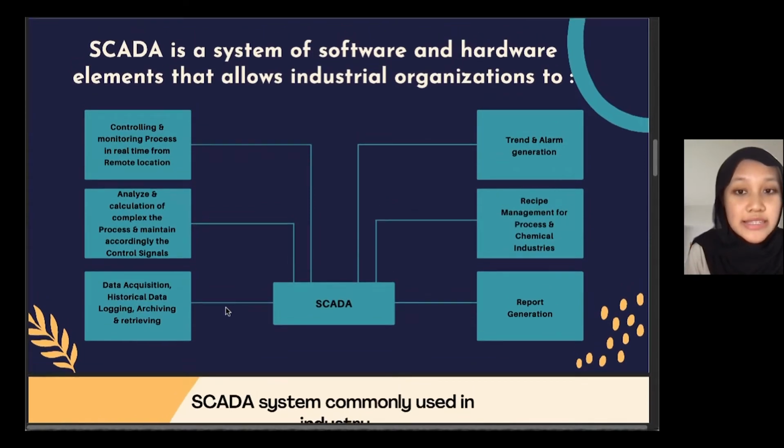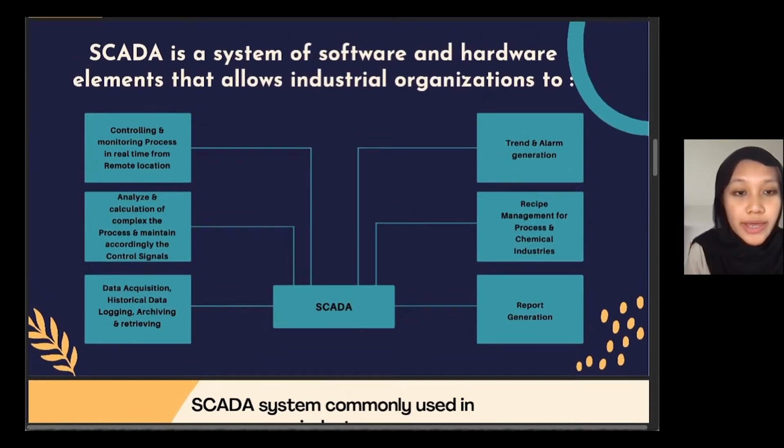SCADA is a system of software and hardware elements that allow industrial organizations to do the following. The first one is controlling and monitoring processes in real time from a remote location. The second one is analysis and calculation of complex processes and maintaining them according to the control signal.